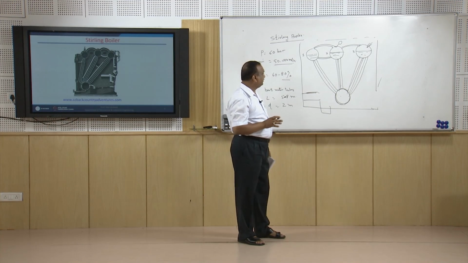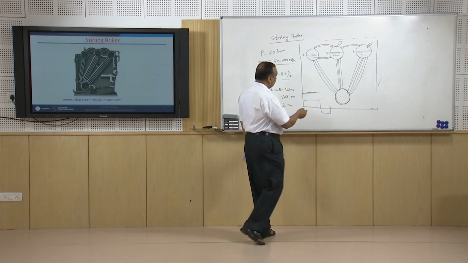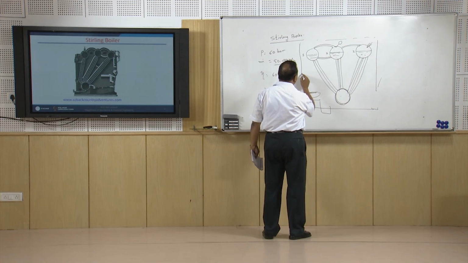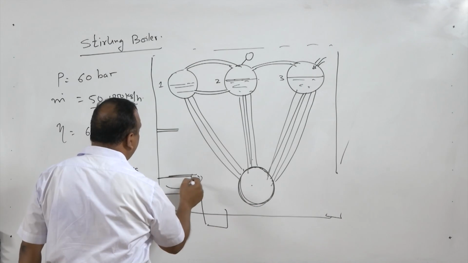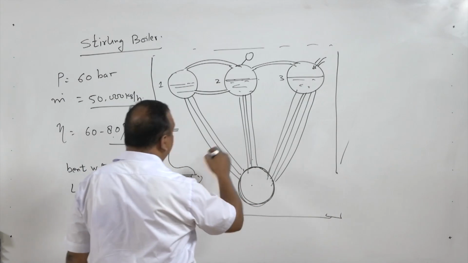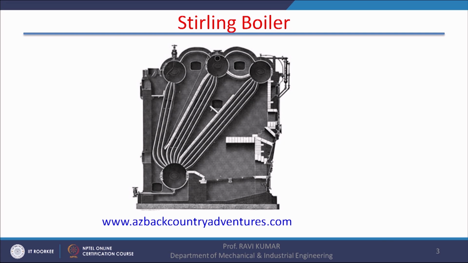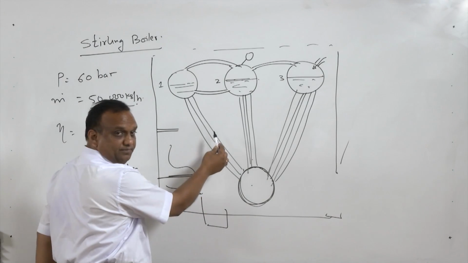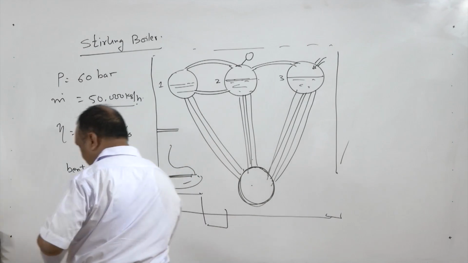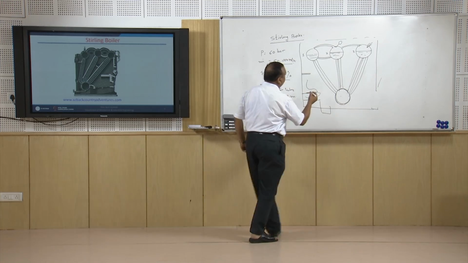A similar type of arrangement is done in most of the boilers. So the flue gases get deflected by baffle plates. So baffle plates are also shown here. Flue gases coming from here do not simply cross this. There are baffle plates, I will show you by different colors. So they are baffle plates.